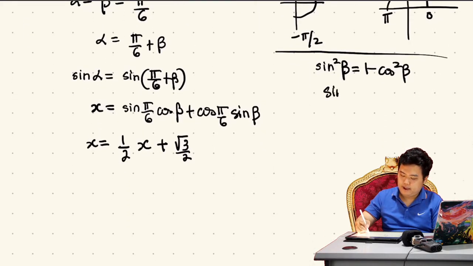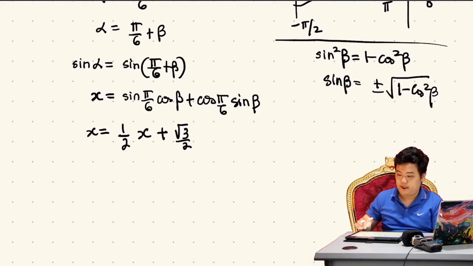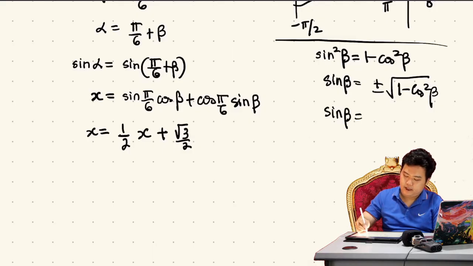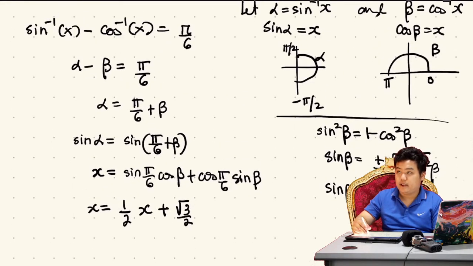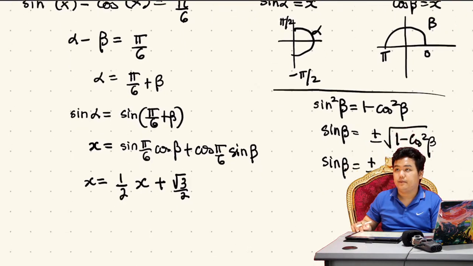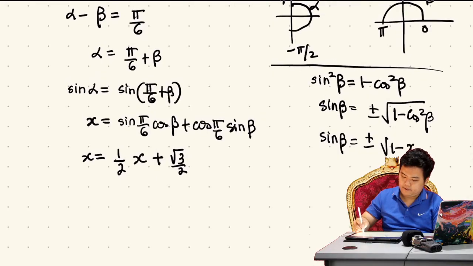So, sine beta is plus minus square root of 1 minus cosine square beta. Ay, tatakpan ko. Okay? So, sine beta is equal to plus minus square root of 1 minus. What is cosine beta? Cosine beta is x. So, 1 minus x square.